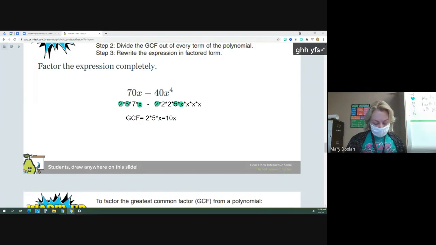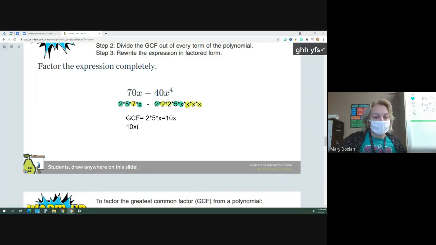When you write out the factored form, you're going to write the GCF on the outside, 10x. Then on the inside, because I started with 2 terms, once I factor something out, I'm going to have 2 terms left in the parentheses. And it's just what's left over, basically. So an option might be to use a different color to see what's left. There's a 7 left for the first term. And over here I have 2 2s and 3 x's left.